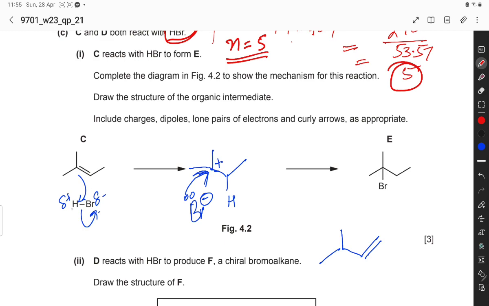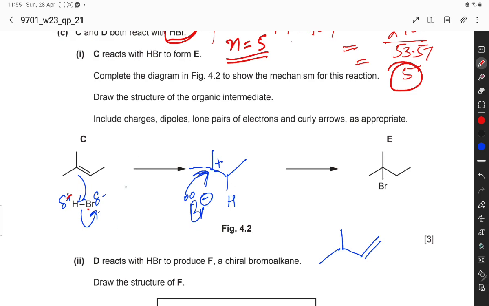So this is hydrogen carrying partial positive, because when it comes close to the double bond, which has high electron density, the hydrogen carries a partial positive and bromine carries a partial negative charge. So the bromine atom attracts the bonded electrons towards itself, because it is highly electronegative, and forms a bromide ion.